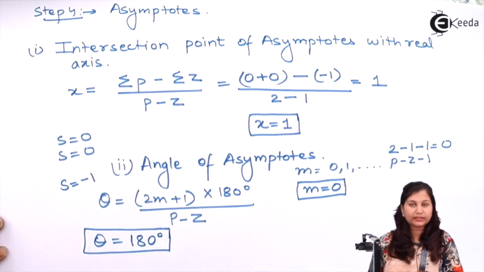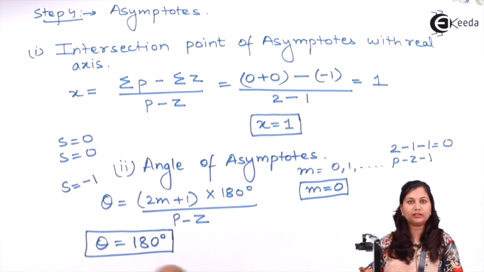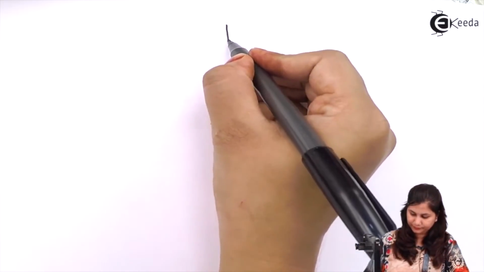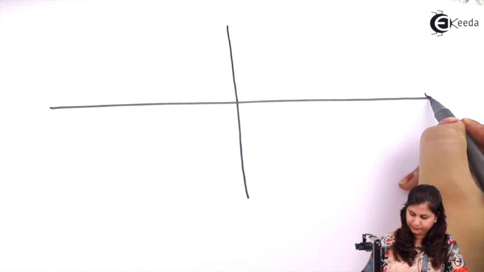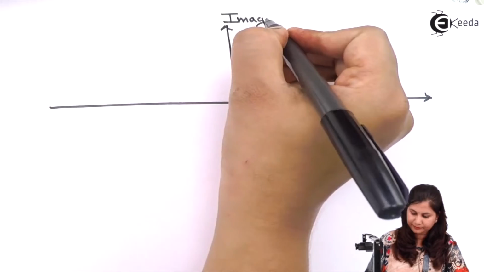So we have got all the values, we have performed all the steps. Now we will draw the root locus. This is the imaginary axis.